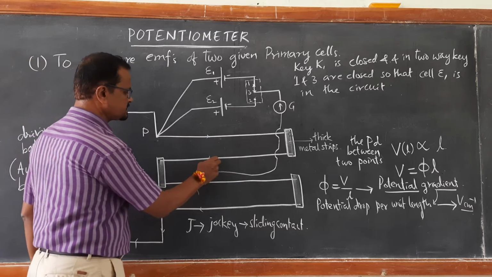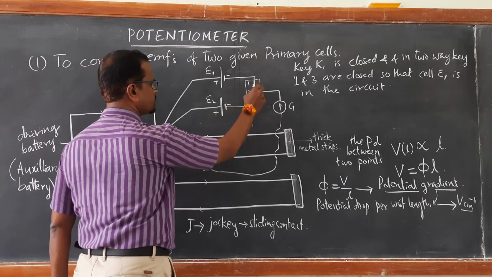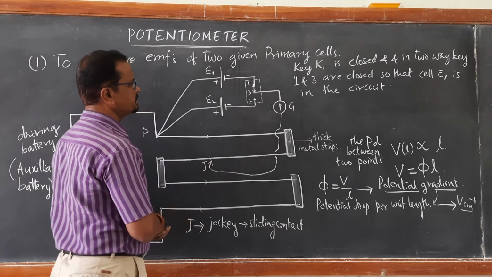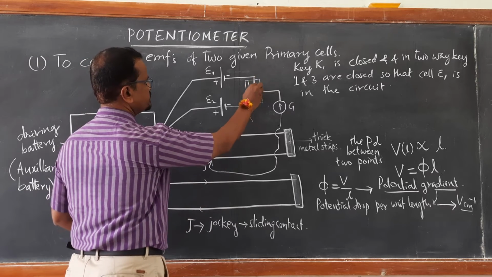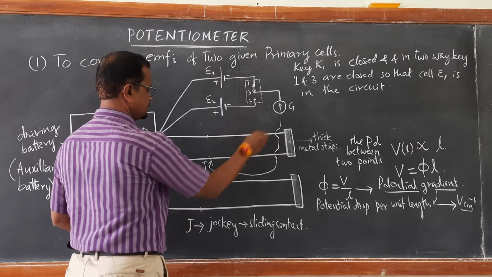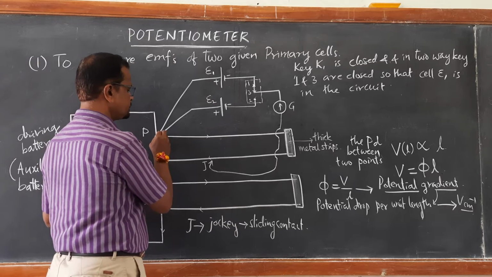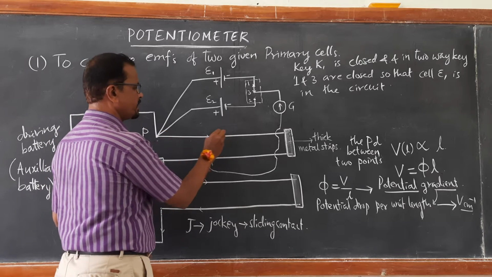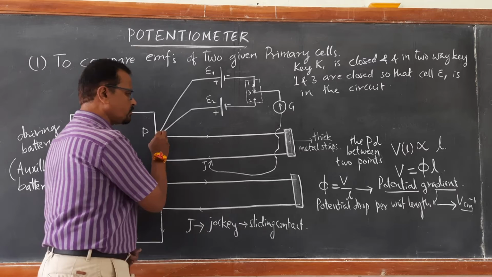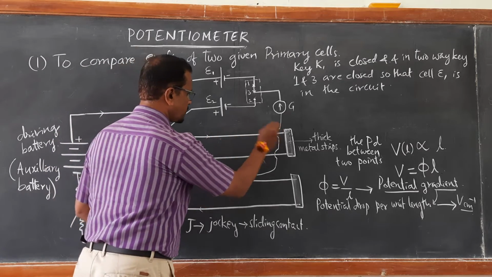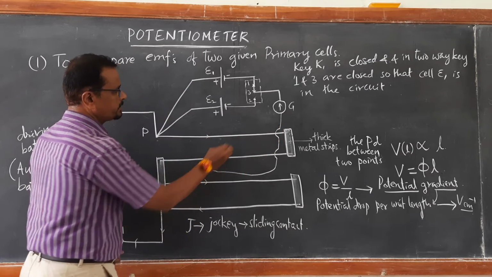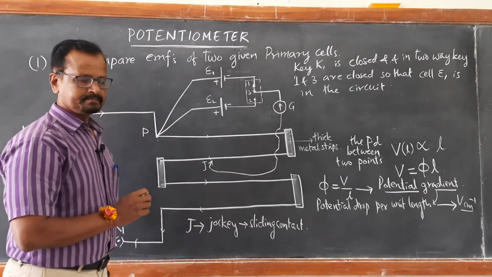When constant current is maintained and the two-way key is closed between 1 and 3, this sliding contact is slid over this length of the wire until the galvanometer reads 0 deflection.